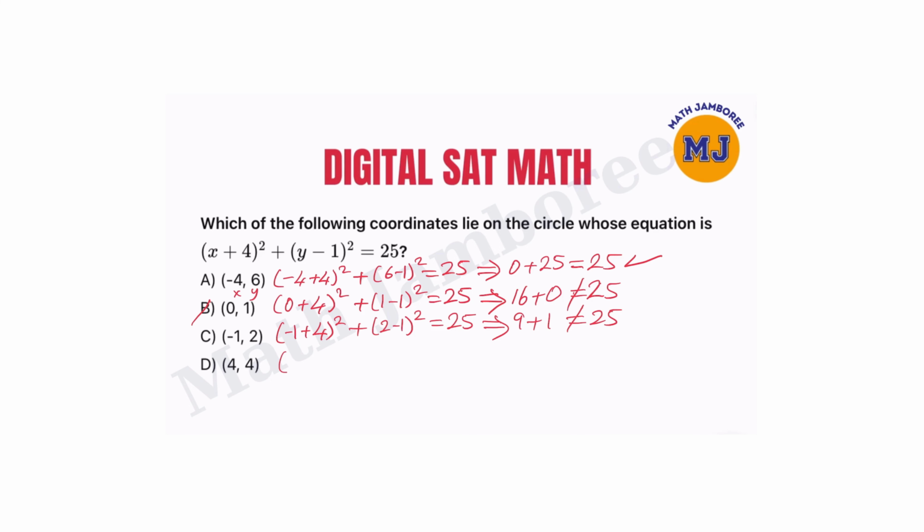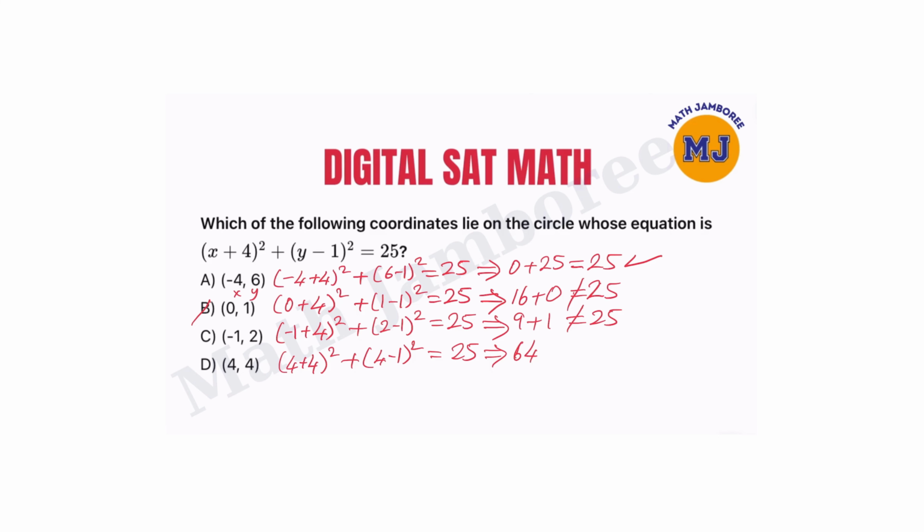And let's check 4 and 4. This time we're going to substitute 4 for both x and y. 4 plus 4 squared plus 4 minus 1 squared. Does it equal 25? That's what we're looking for. 4 plus 4 is 8. 8 squared is 64.